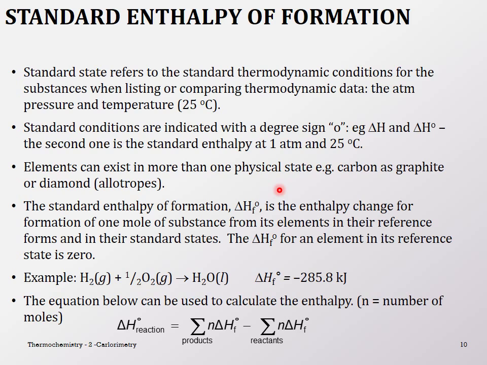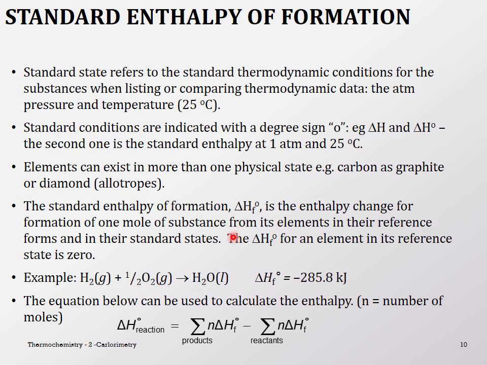So you can have 3 allotropes of carbon, so you really have to indicate exactly which allotrope you're talking about. Some compounds have allotropes and not all of them have allotropes, so you have to indicate which one it is. And for the standard enthalpy of formation, delta H f, you will find this f here because that indicates that it's a formation thing. All right, so that's how the data is given to you.